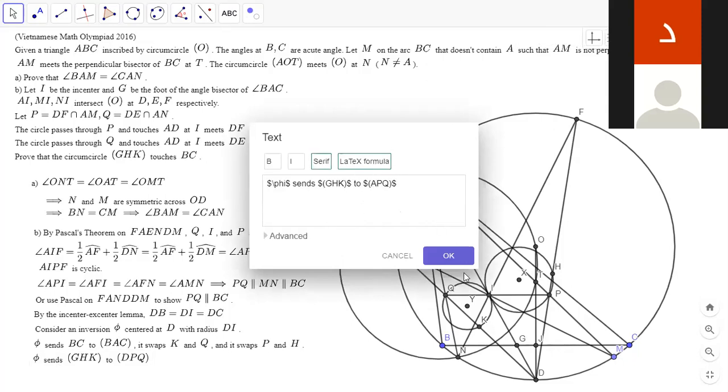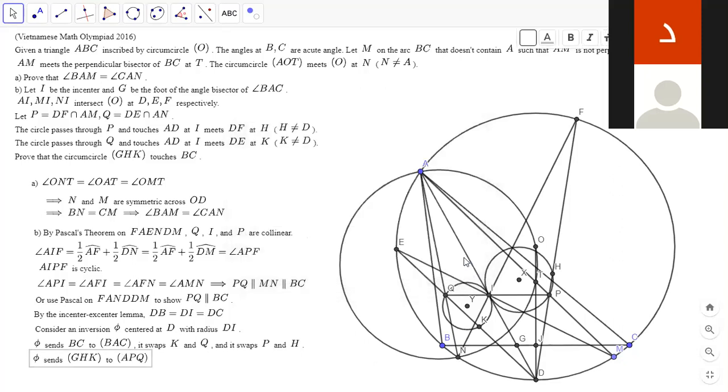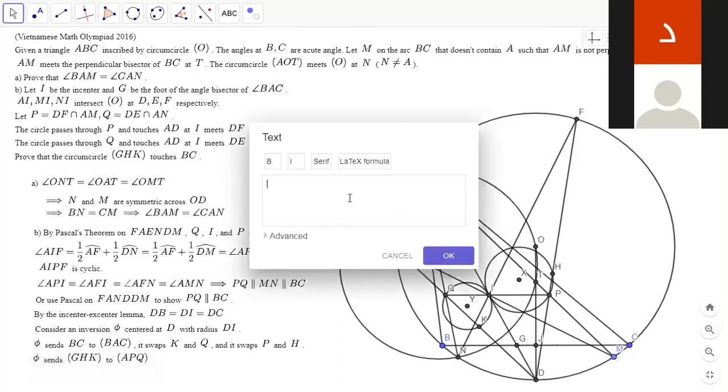So by homothety at A, since PQ is parallel to MN, the circumcircle of AMN is tangent to ABC.